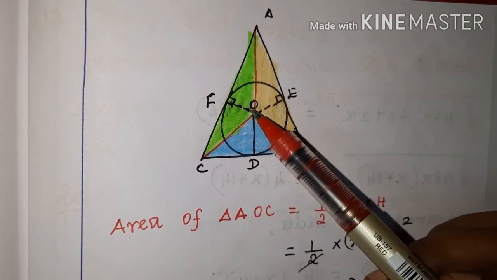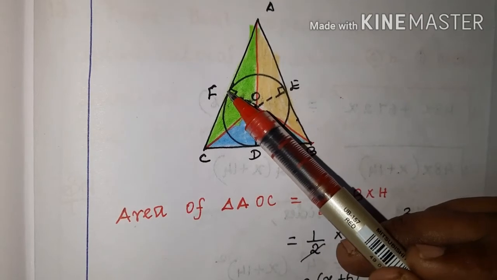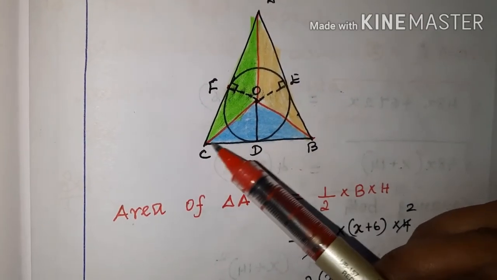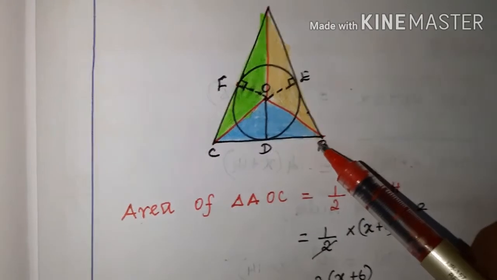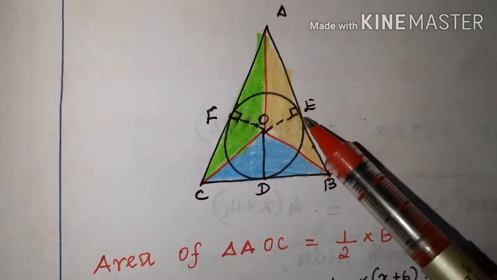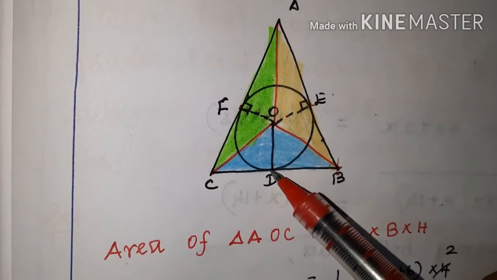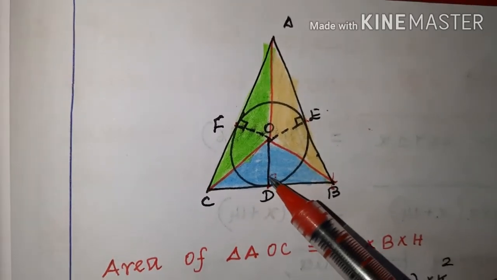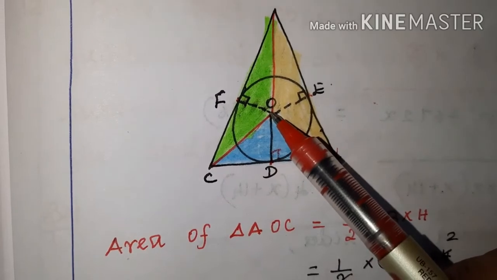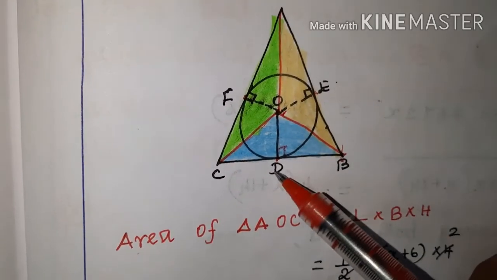And you know very well this AC is acting like a tangent since it has a point of contact F with the circle, and likewise BC is another tangent with the point of contact D, and AB is another tangent with the point of contact E. And you know the radius to the point of contact is perpendicular to the tangent. So by using that you get the perpendicular lines OF, OE and OD.